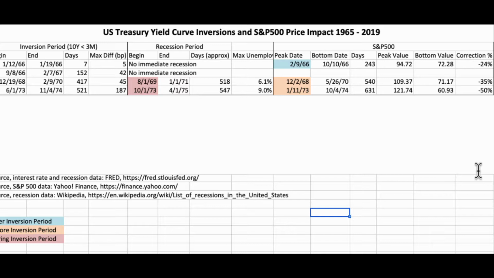And this energy crisis caused a stagflation sort of situation where prices were going higher because of the price of oil, the price of gasoline, and the economy wasn't really growing. So this is a case where your yield curve inversion was very pronounced, and it was an accurate predictor of a recession and stock market crash.